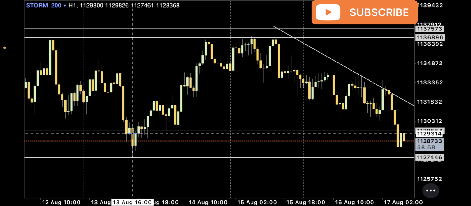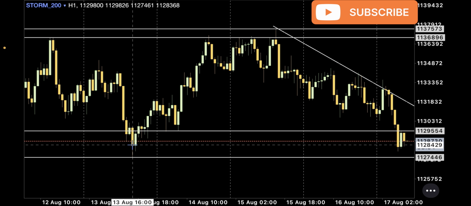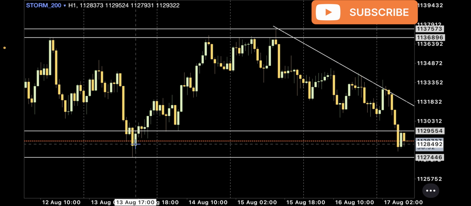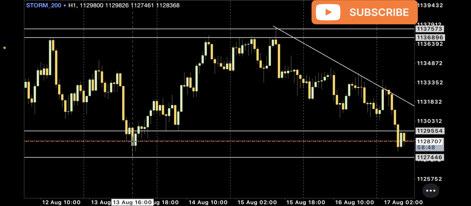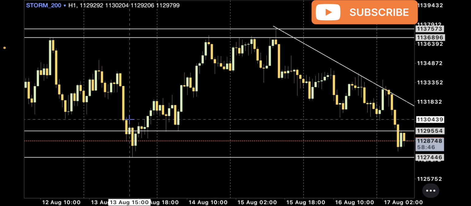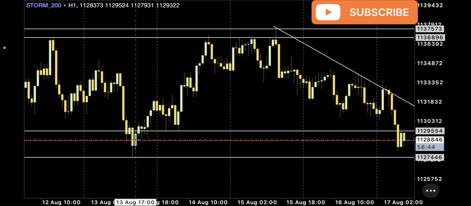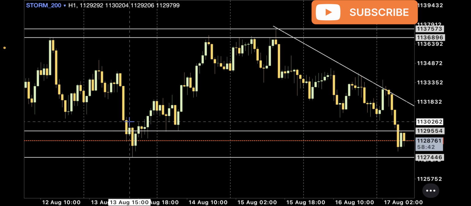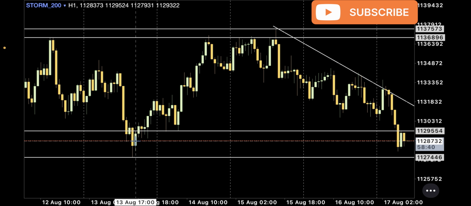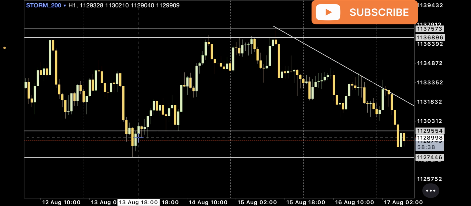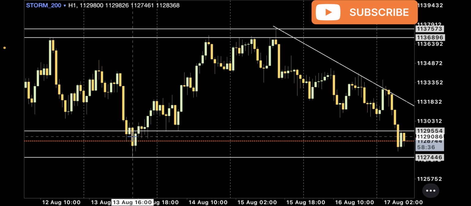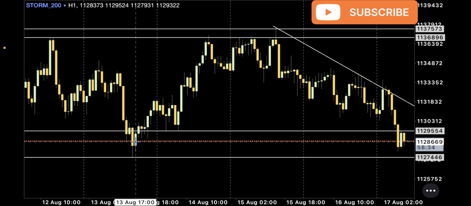Look at the previous candle, it is a bearish candle, and the following candle is a bullish candle closing in the framework of the bearish candle. You understand? It didn't close above. If this bullish candle had closed above, it would have been an engulfing candle. By closing within the framework of this bearish candle, okay, so this is what a bullish harami is.